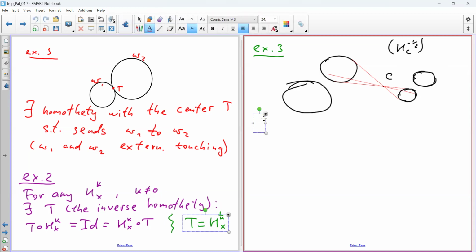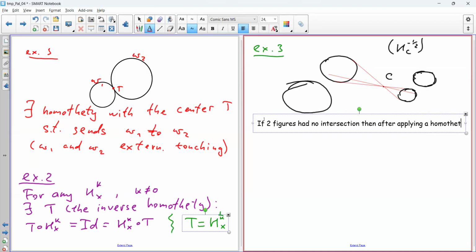So if two figures had no intersection, then after applying a homothety, their images will also have no intersections. Why is that?